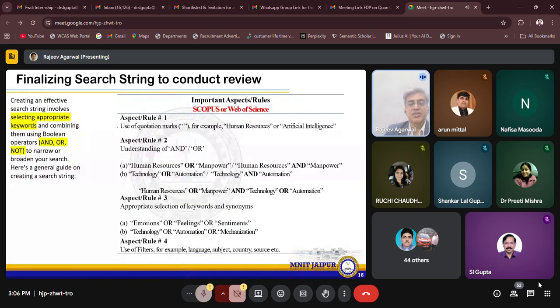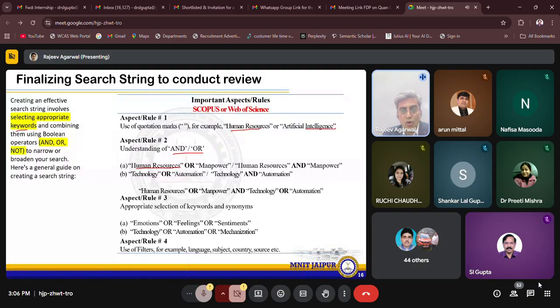Now let us try to understand hands-on how I am going to conduct this. You need to select appropriate keywords using Boolean operators AND, OR, NOT. Suppose you want to conduct research on human resource and AI. Just try to understand how I am using AND and OR.